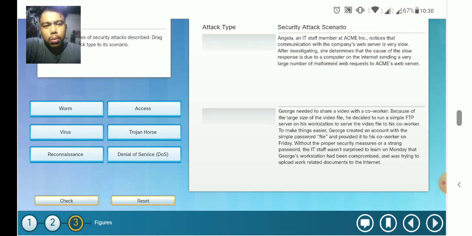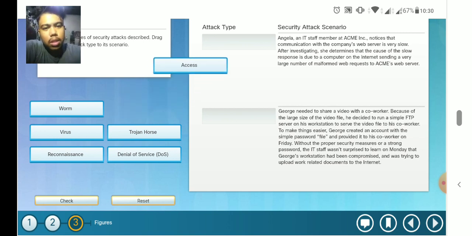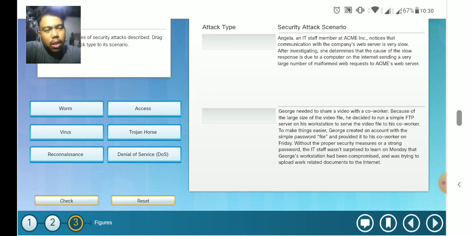So the third figure: Angela, an IT staff member at Acme Incorporated, noticed that communication with the company web server was slow. After investigating, she determined that the cause of the slow response was a computer on the internet sending a very large number of malformed web requests to the Acme web server. So it's an access attack type.